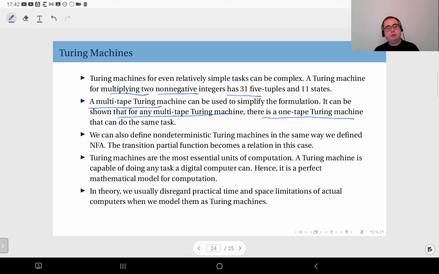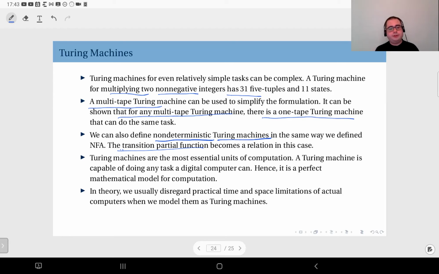Also, if you recall the non-deterministic finite automaton, in a similar way, we can define non-deterministic Turing machines. In this case, the transition function, recall that it's already a partial function, which means there are some input configurations where the next transition is not defined.